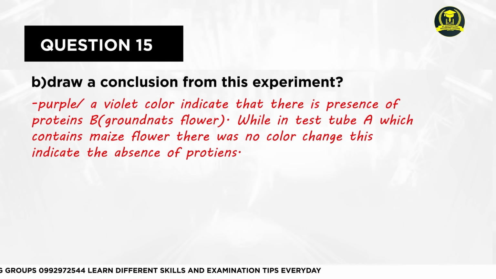Purple or violet color indicates that there is presence of proteins in test tube B, which contains groundnut flour, while in test tube A, which contains maize flour, there was no color change. This indicates the absence of proteins.